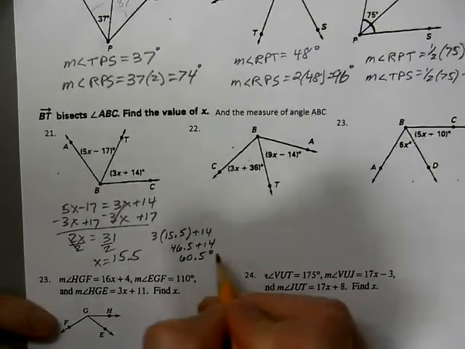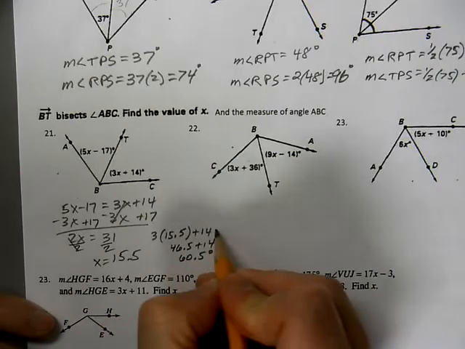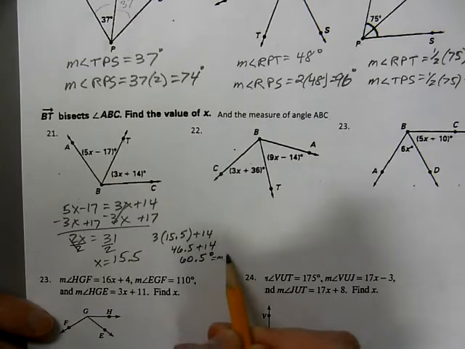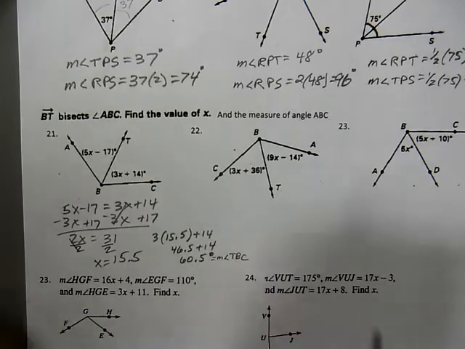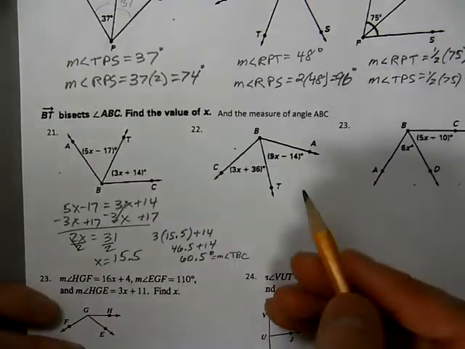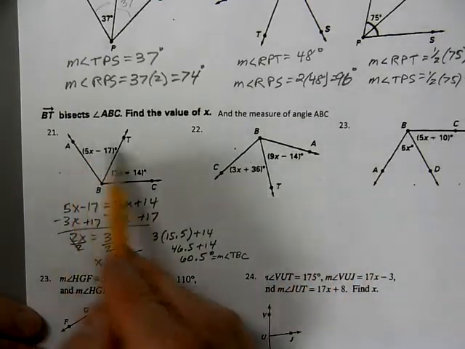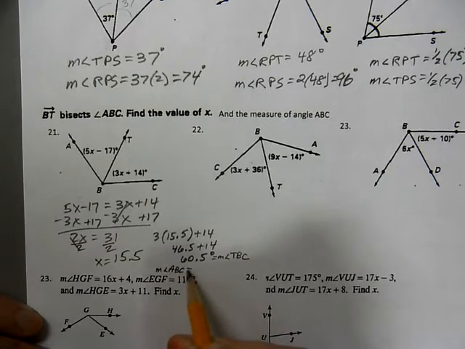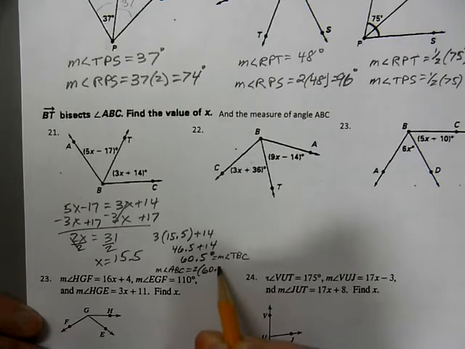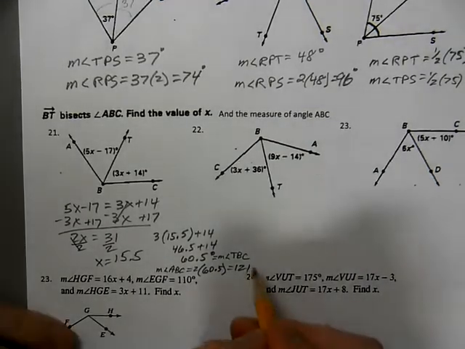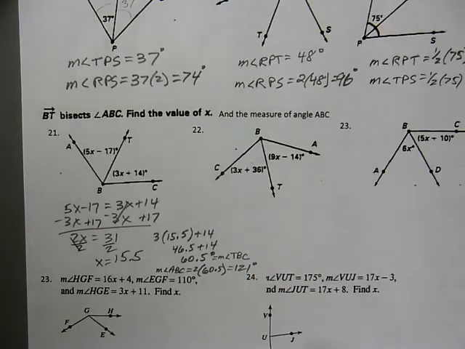That's the value of our angle TBC, which is also the measurement of ABT. The angle all the way around, the measurement of angle ABC equals 2 times 60.5, so 121. And those are degrees.